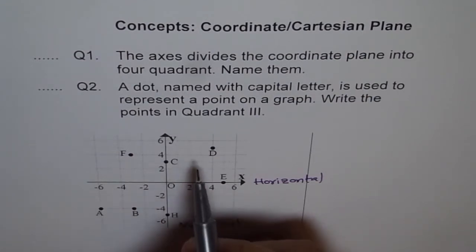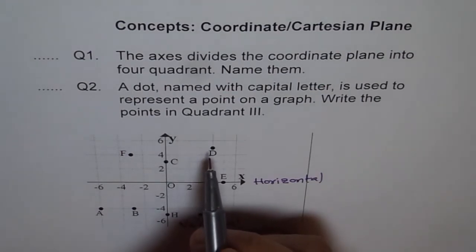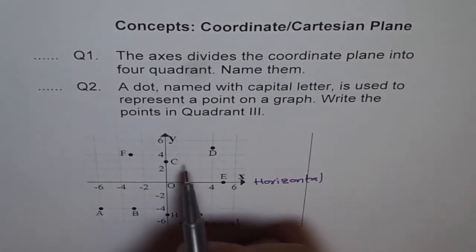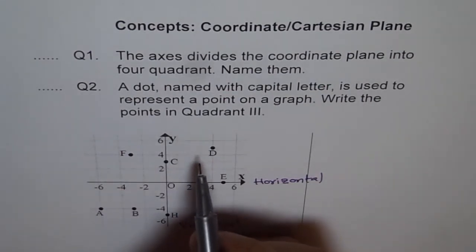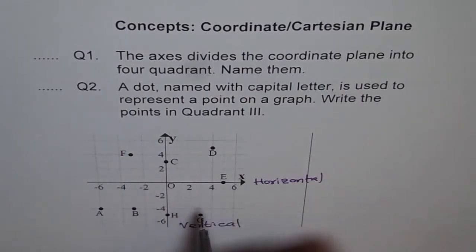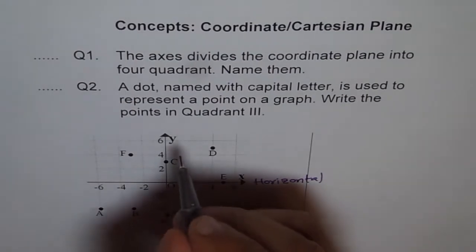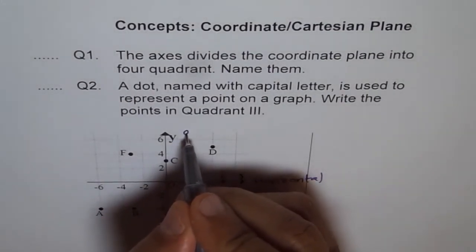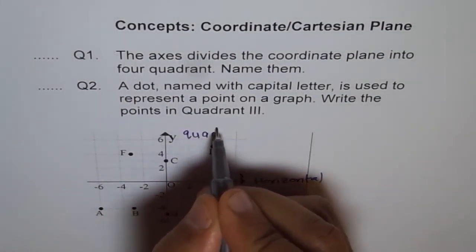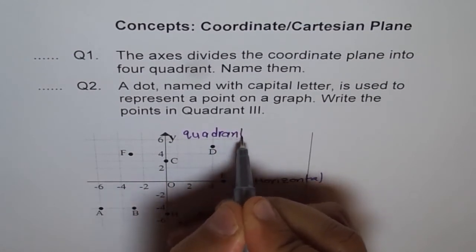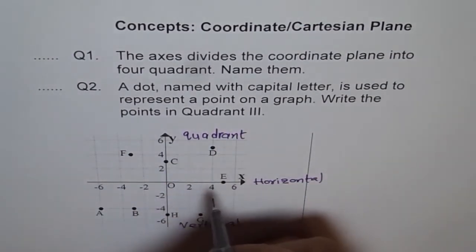Starting from the right corner and moving anti-clockwise, we number them 1, 2, 3 and 4. Normally the numbers are given in Roman numerals. So we'll call them quadrant.